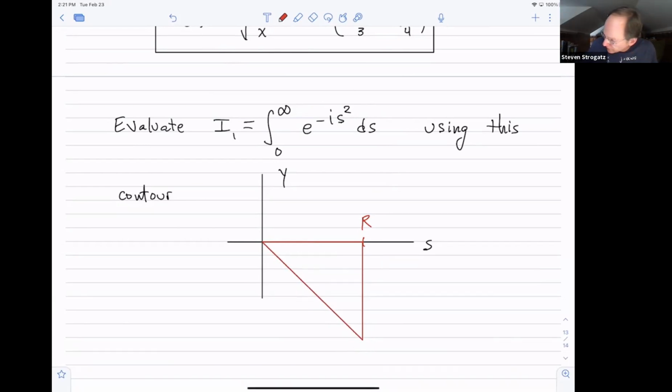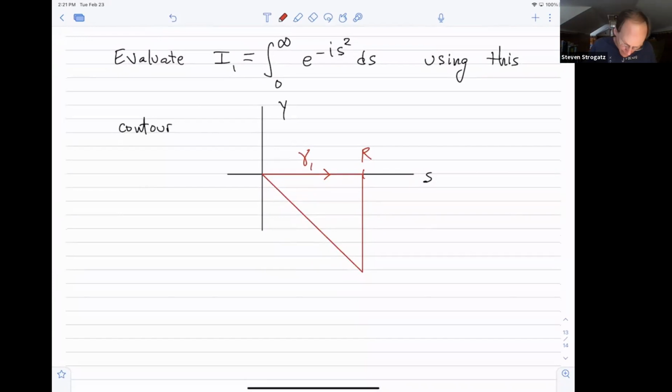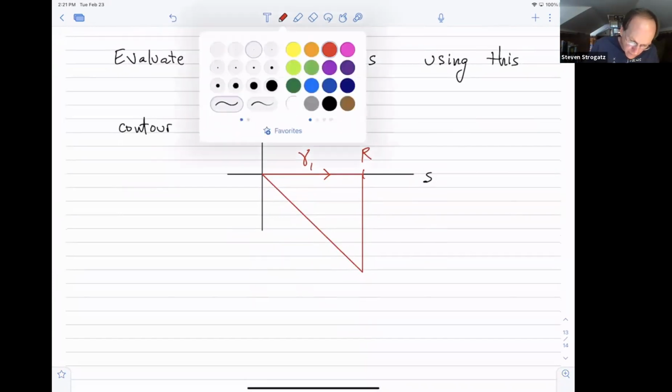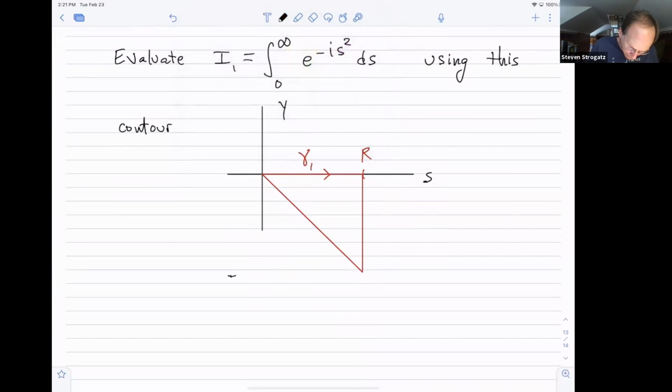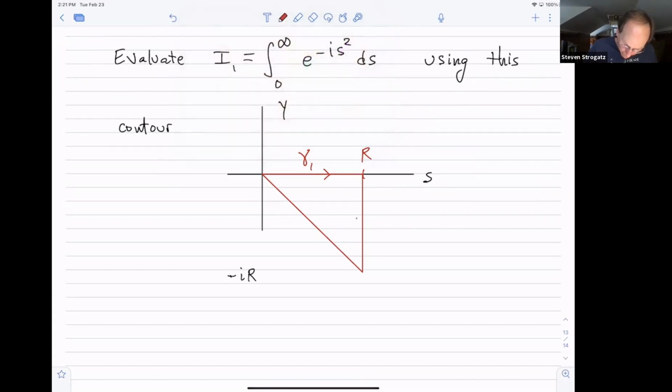I'm going to call this curve gamma 1, going like that. This point down here is at minus iR on the imaginary axis. This will be called gamma 2.